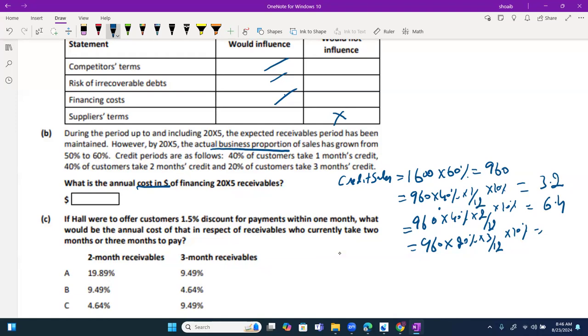Then by 12, 4.8. So your total cost would be 14.4. If we convert into thousands, so 144,000. 144,000 is the cost.